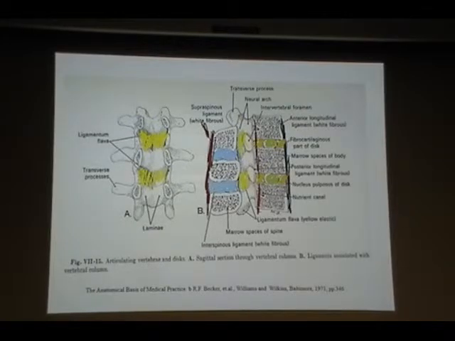Okay? So these ligamentum flavum are kind of interesting, and this is one of the only places in the body where we see these elastic ligaments. Yes? And when you say flexibility and recoil, is it vertical recoil or rotation? Well, it's pretty much held together tightly in the front, right? Right.